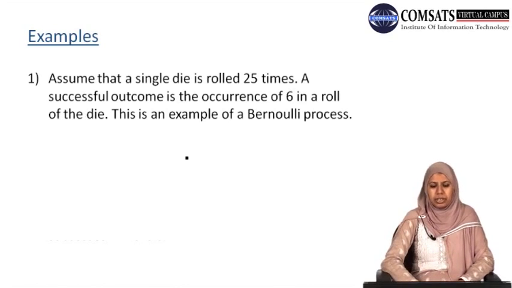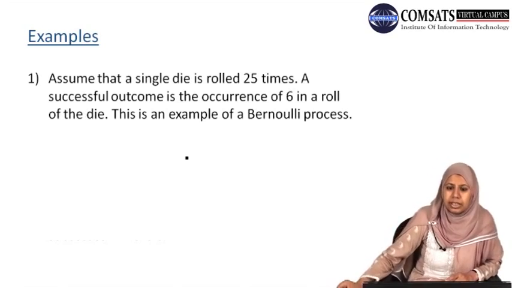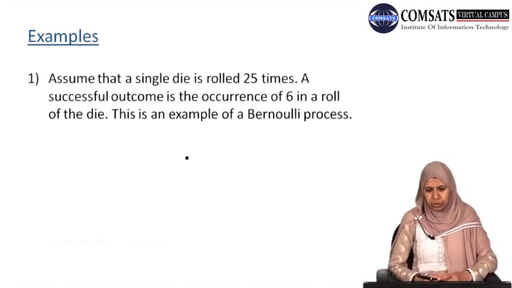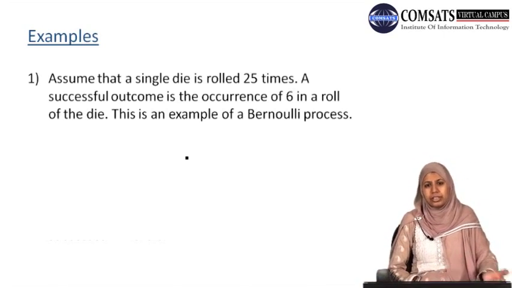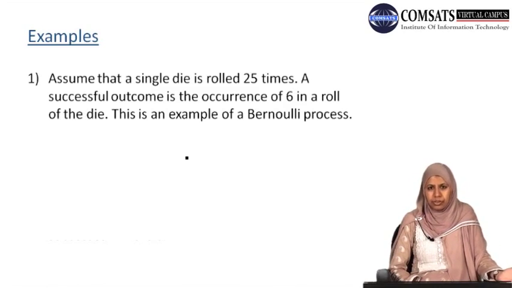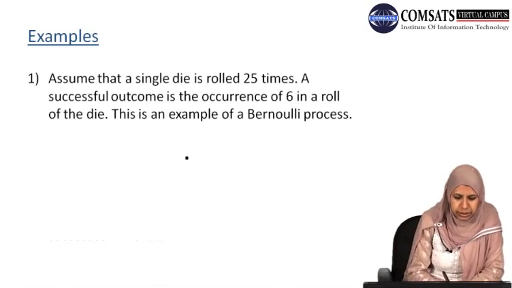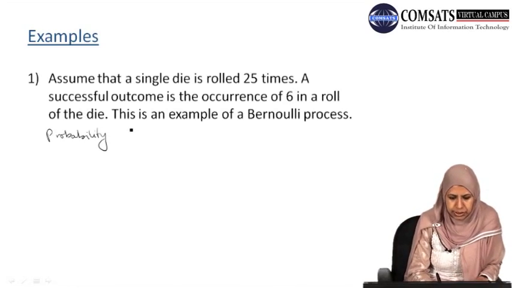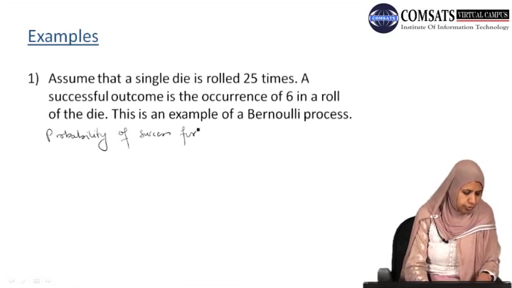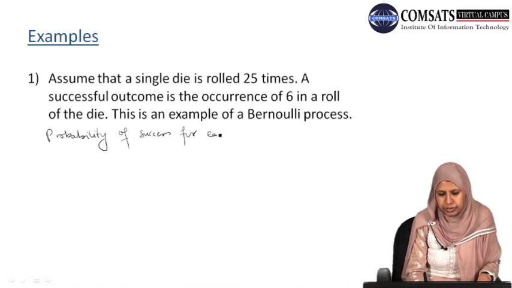So this is our random variable, and this is clearly an example of a Bernoulli process because each trial is independent and the outcomes will be either a success or a failure. Either we will obtain a 6 or we will not obtain a 6, which means that the probability of success for each trial is 1/6.